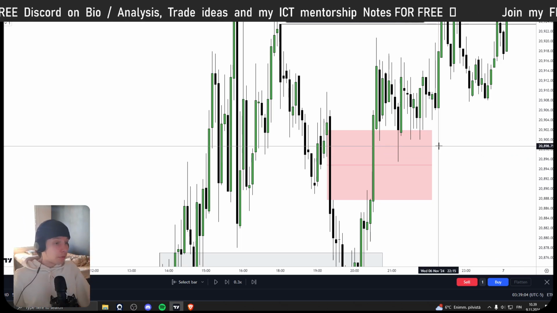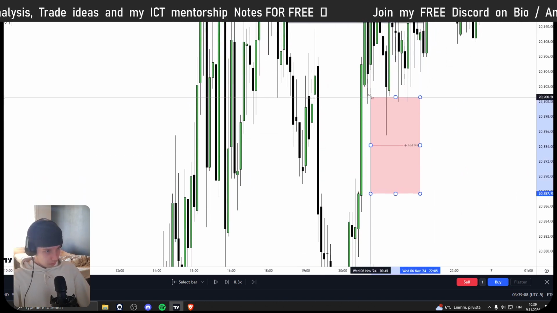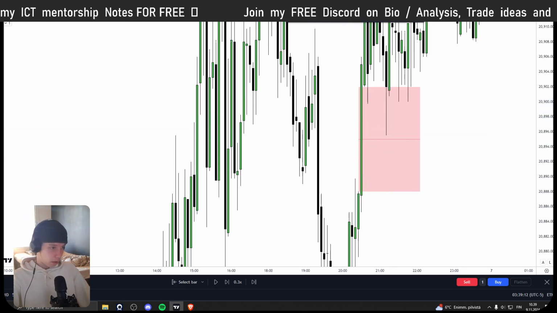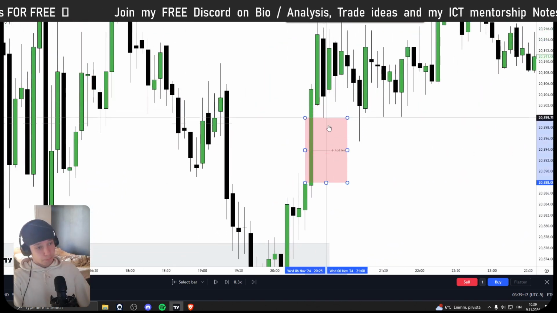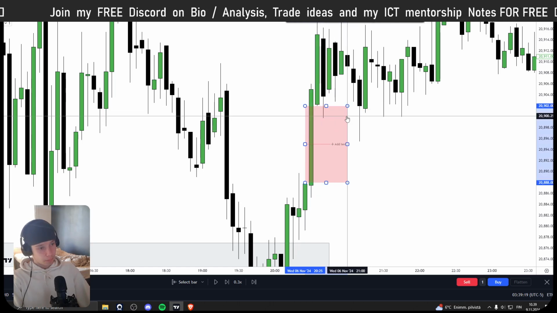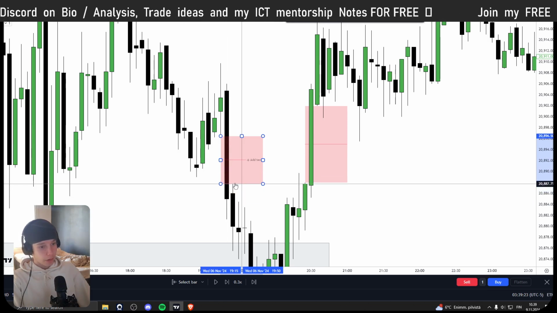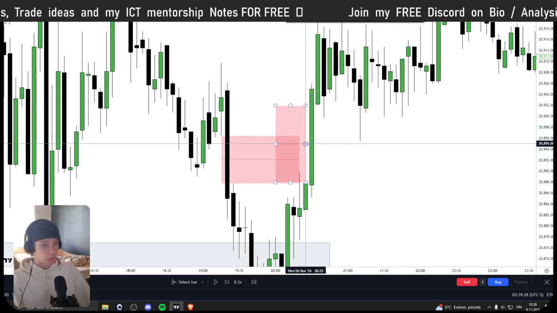For you to be able to draw this correctly, most people know that the balanced price range is two fair value gaps lining up in a way where we have one here and one here. Now, this is your range. These fair value gaps should create the range that you're trying to look at.